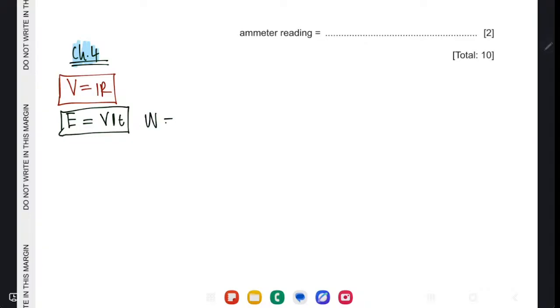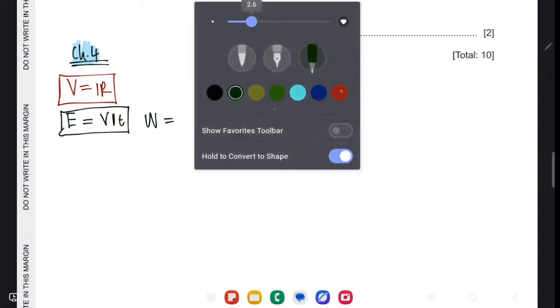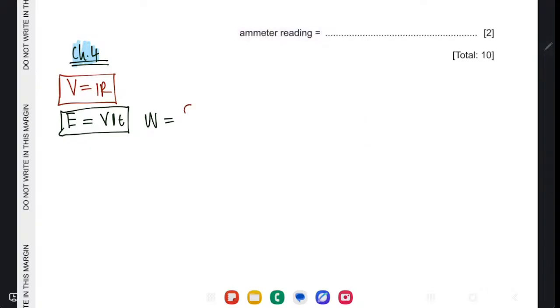We have work done is equal to the charge Q times voltage V. Then you're going to have power is equal to VI.